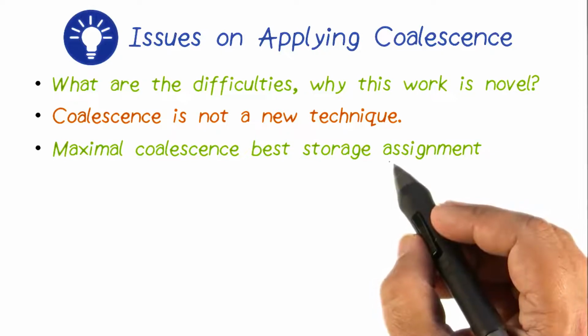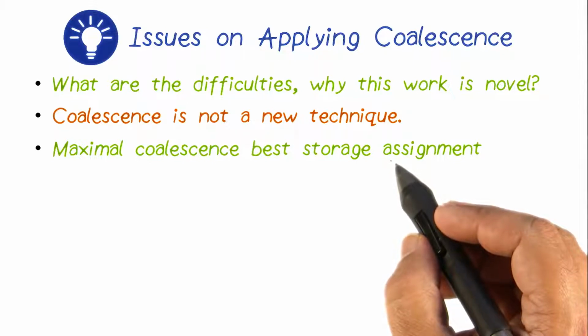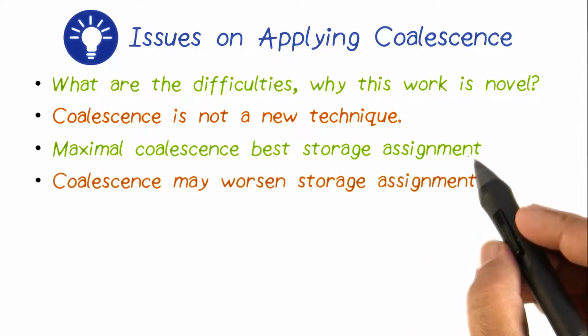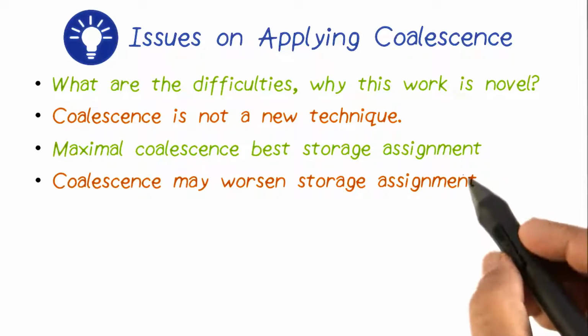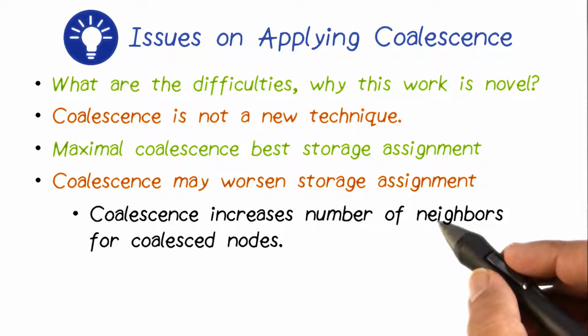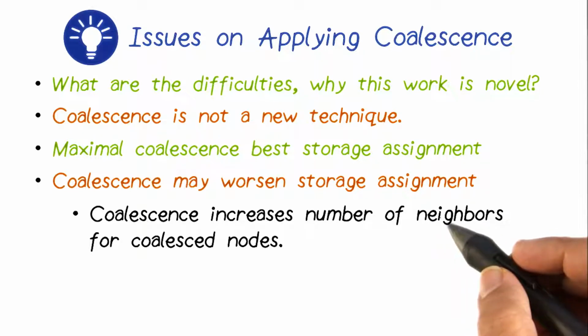So the natural question that we ask is, why don't we just coalesce a node with everything that it doesn't interfere with and just continue this particular process? The answer is that maximal coalescing does not necessarily lead to the best storage assignment. Coalescing, in fact, may worsen storage assignment for the following reasons. When we coalesce two nodes, the coalescing increases the number of neighbors for the coalesced nodes.